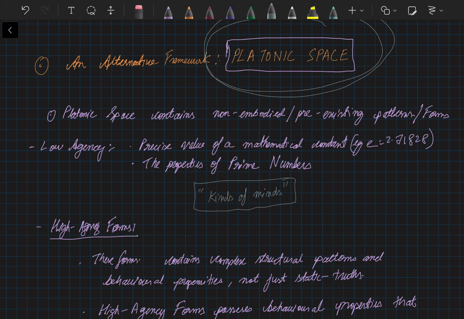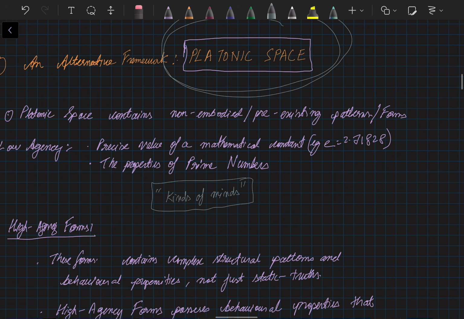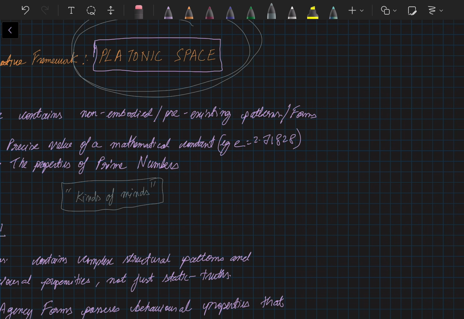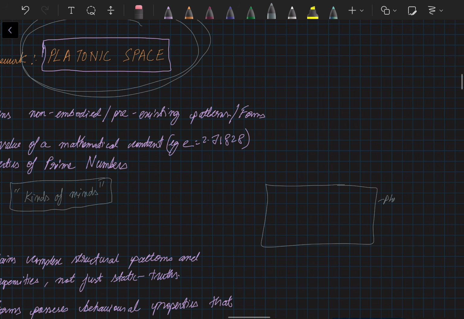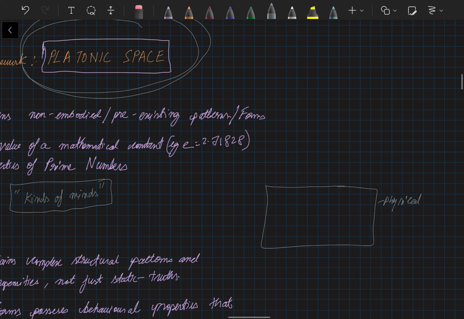So let me try to draw a diagram and visualize it. Let's assume that this is the physical world that we live in. And this is the Platonic space, which is non-physical in nature.